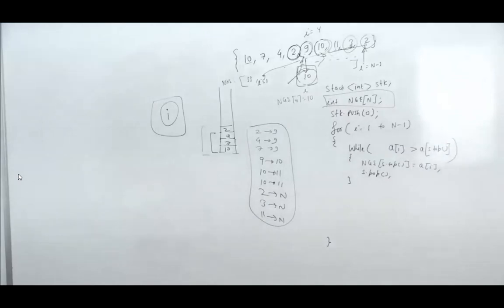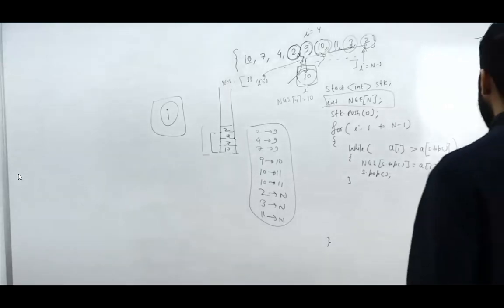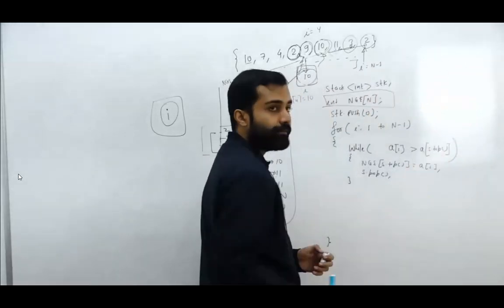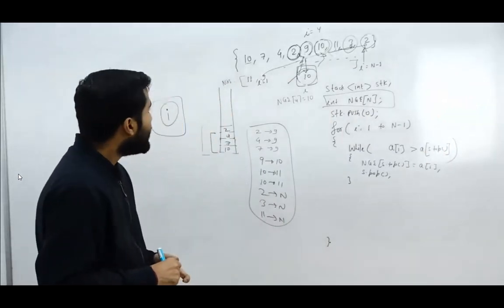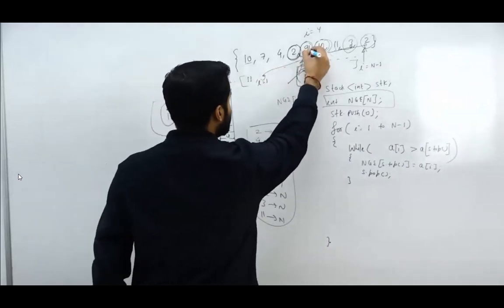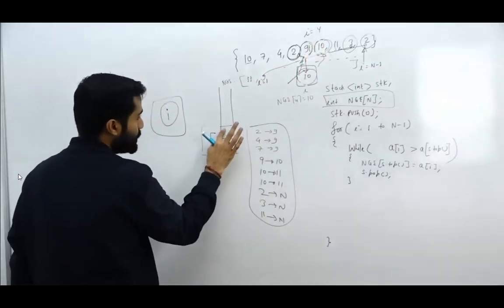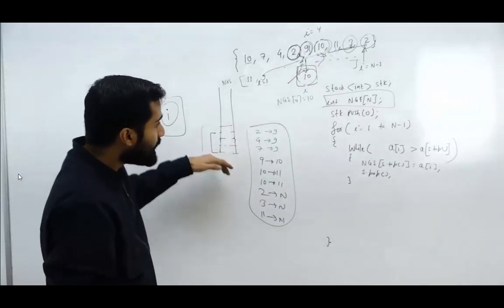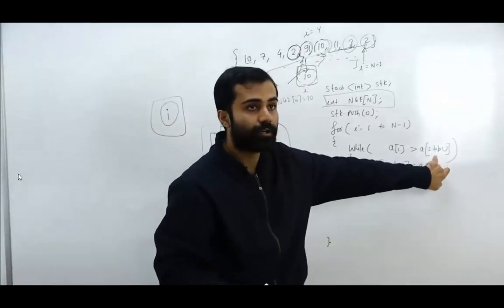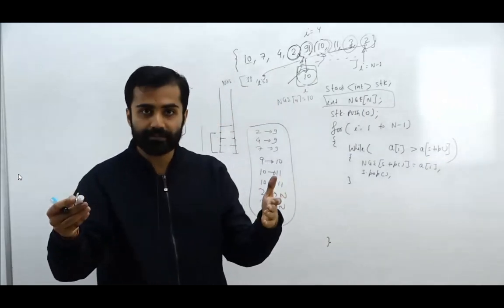Yeah, but is there something which is missing in this code? I am calling s dot top without even checking whether my stack is empty or not. If this element was 91, it would have popped 2, 4, 7, 10, and now the stack would have been empty, and it would again have checked for a of s dot top, and this would have given you runtime error.